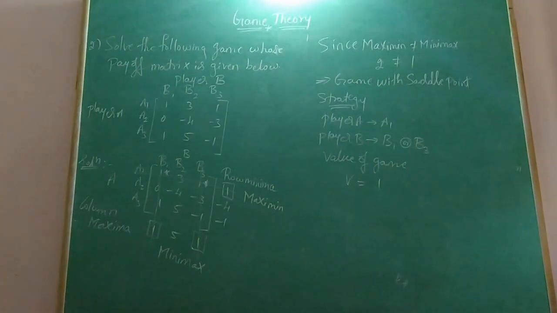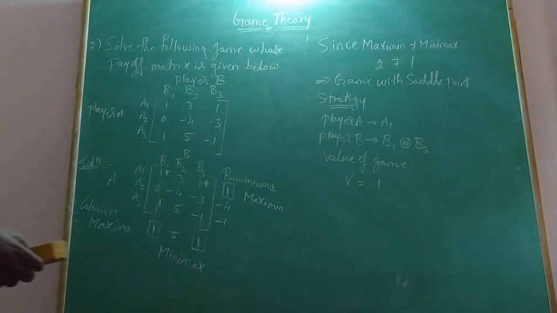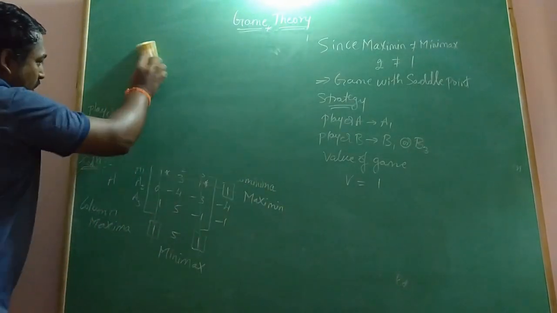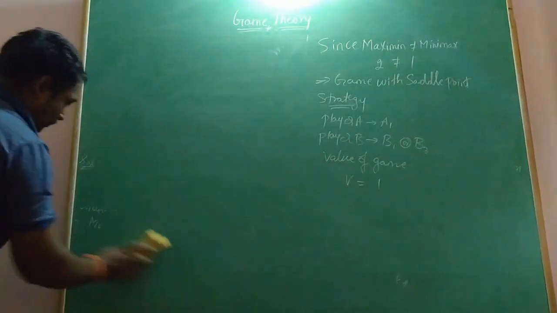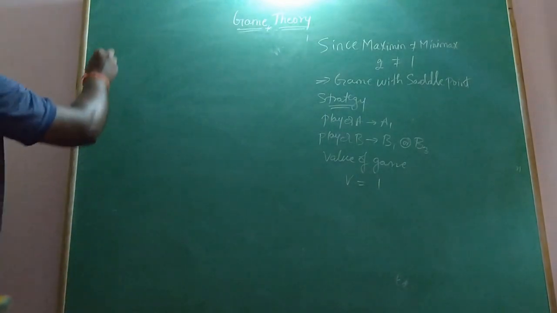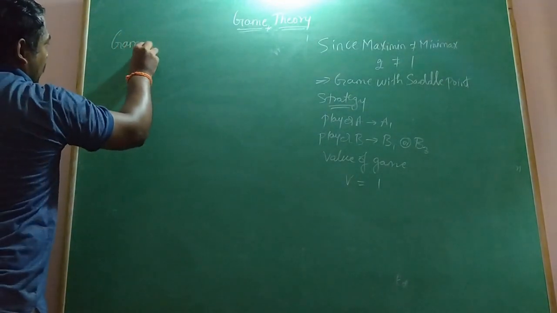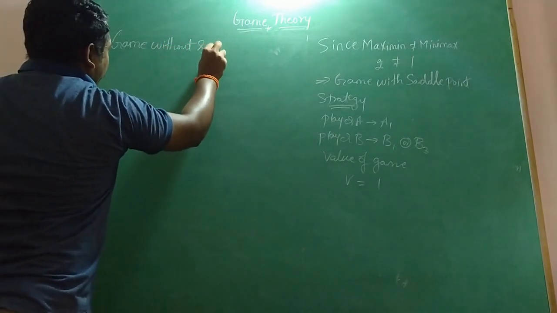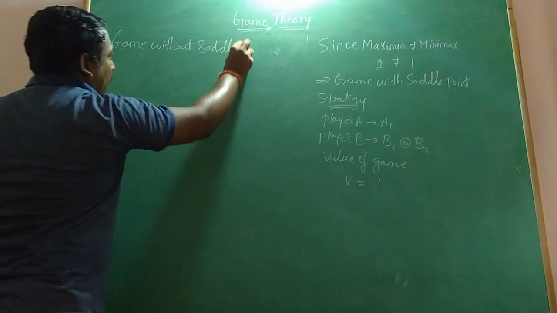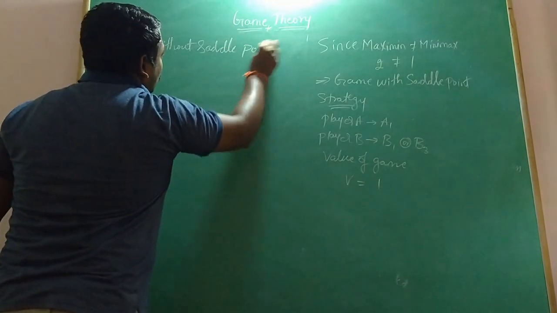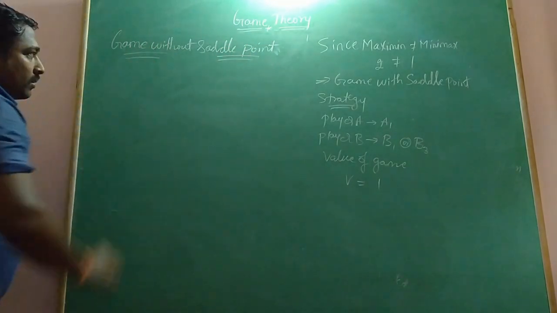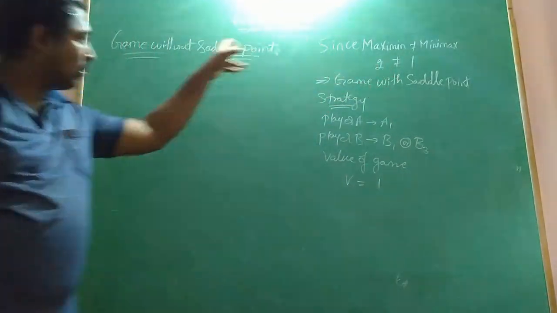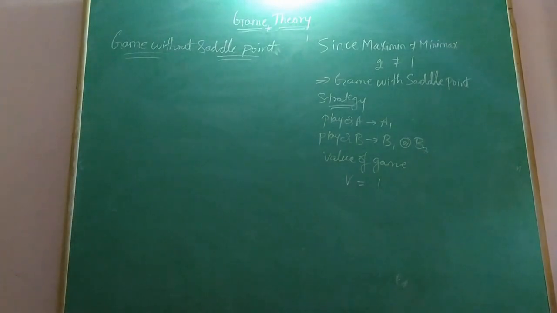Let us solve a problem where maximin and minimax are not equal. That is, if maximin is not equal to minimax, then we call it a game without a saddle point.